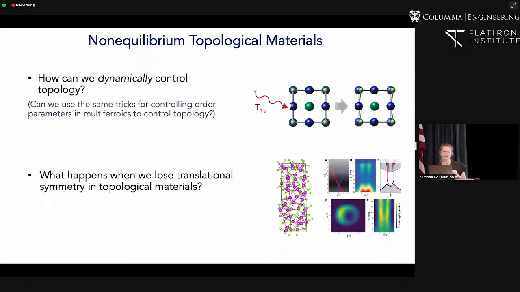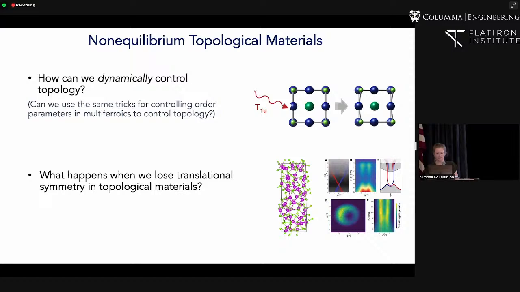And the kind of motivating drive for all of this is, can we do the same tricks as we do with oxides, right? Multiferroic oxides, strain and stabilizing different types of phononic modes. Can we use those same tricks to actually design topology in these types of systems? And then the second thing I'll talk about is what happens if we throw out translational symmetry, and how do we think about topology in those sorts of cases?